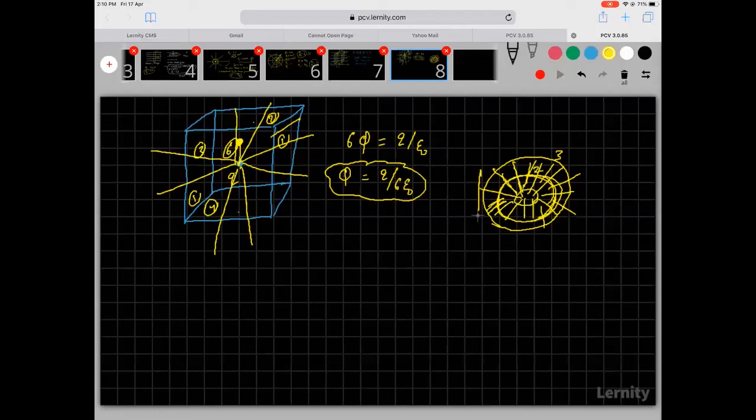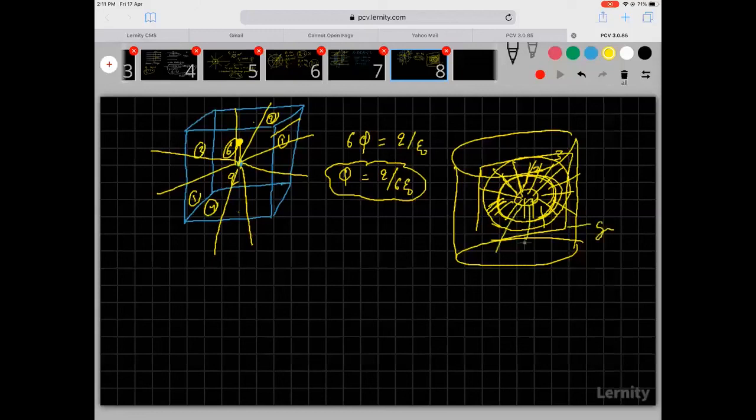Now, I can also put a square cube here. I can put also a cylinder. So the flux does not depend upon the geometry. Flux depends only on one thing, the amount of water which was coming out of that water sprout.